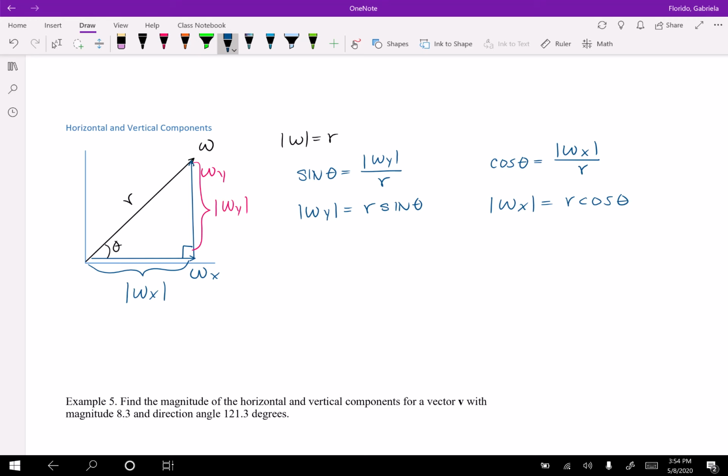And just in case cosine of theta or sine of theta is negative, then we're just going to take the absolute values.